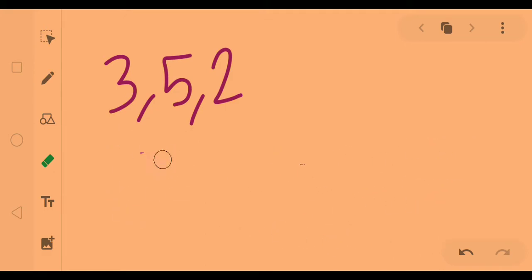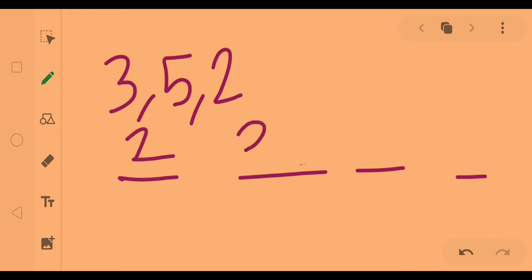In case we want the smallest 4 digit number, how do we write it? In the case of the largest number, the largest digit is repeated. So to form the smallest 4 digit number, the smallest digit is to be repeated. Let's allocate 4 places: 1, 2, 3, 4. The smallest digit here is 2, so we write 2 two times.